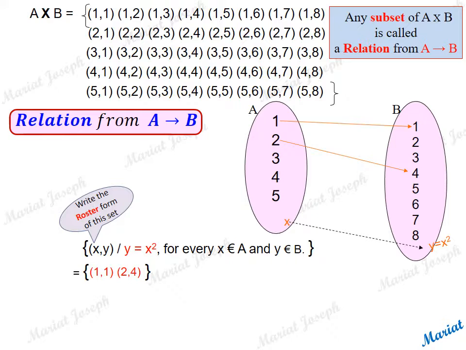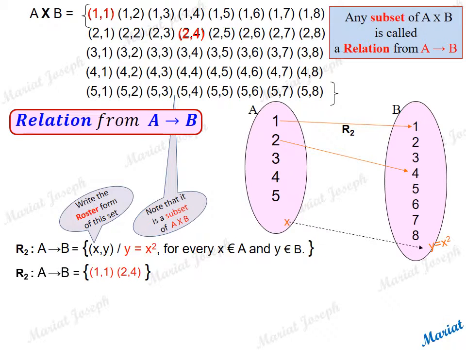Now, 3 cannot have an image because 3 square is 9. 3 can be related only to 9, which is not available in set B. So these are the only two ordered pairs belonging to this given set. Even this is a subset of A cross B. Hence, even this subset is a relation from set A to set B. Let's call it relation R2.